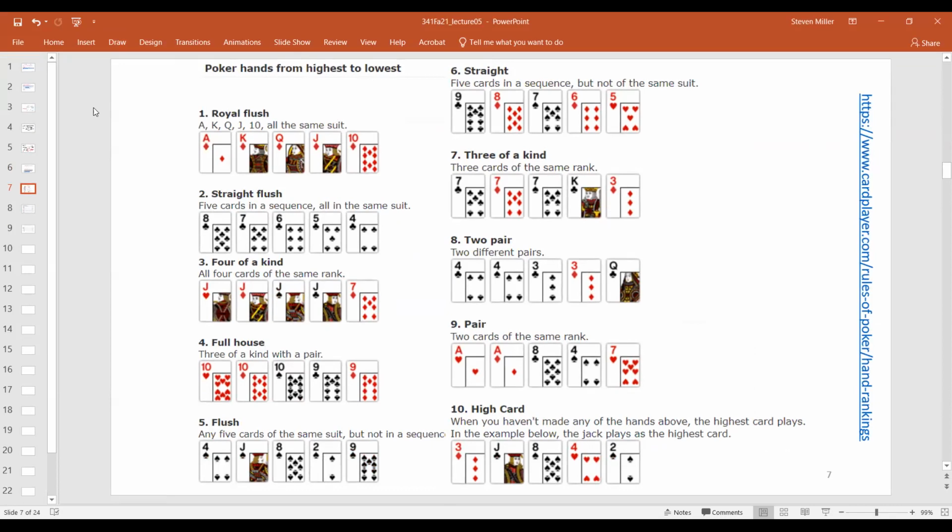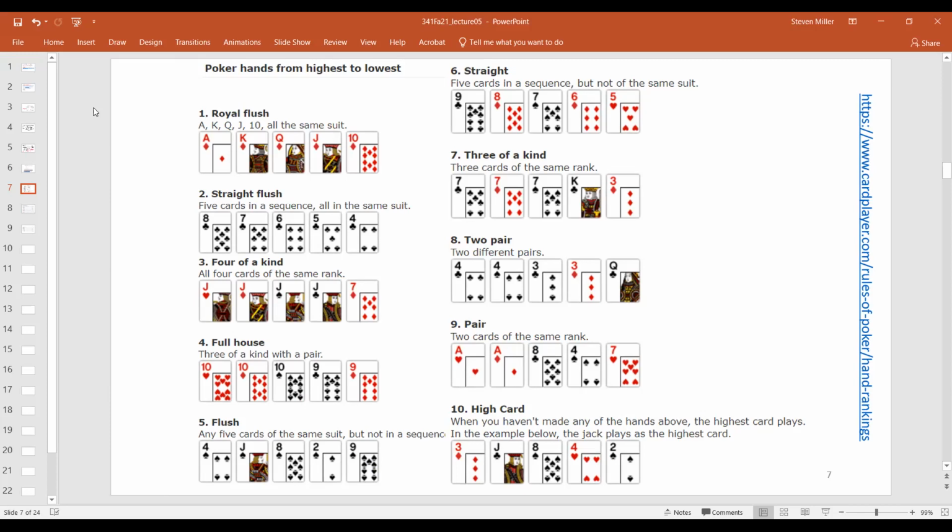There are two colors, reds and blacks. Each color has two suits. The blacks are spades and clubs. Reds are diamonds and hearts. Good. So those are the possible cards.